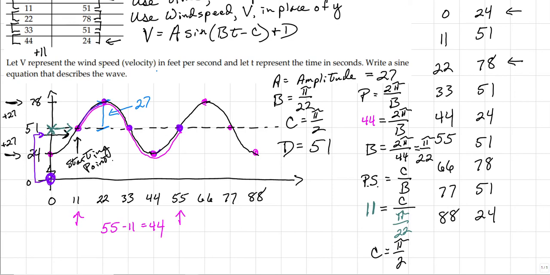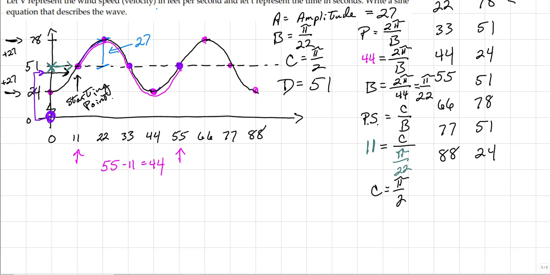So now I know what A, B, C, and D are. And we'll go ahead and write out the form. V will be equal to 27 times the sine of pi over 22 t minus pi over 2 plus 51.